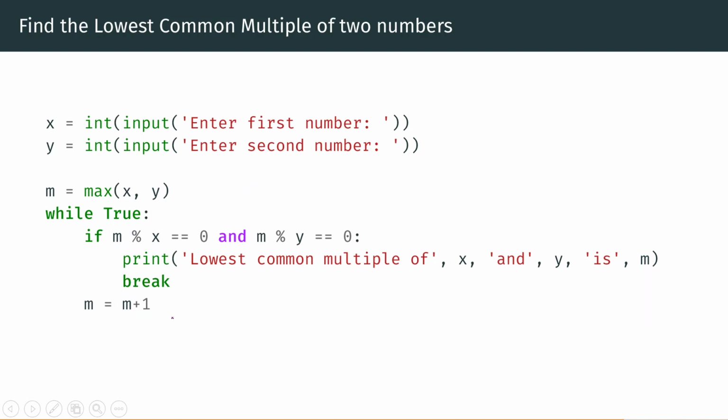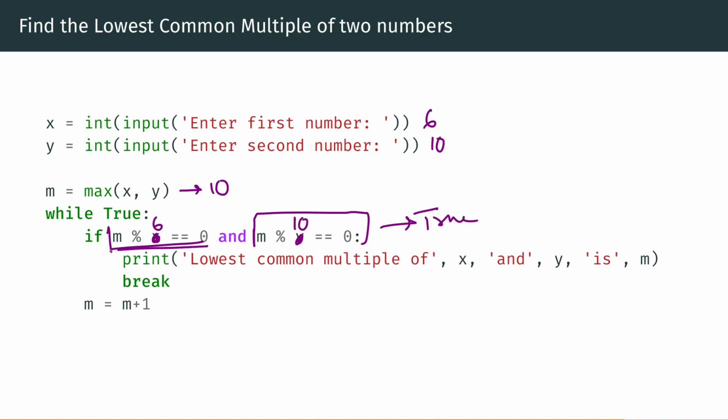So in the first case, if this were 6 and 10 and M equals 10, M modulo X, where X is 6, will evaluate to false. Although M modulo Y, where Y is 10, will evaluate to true. This would be true, but this is false.